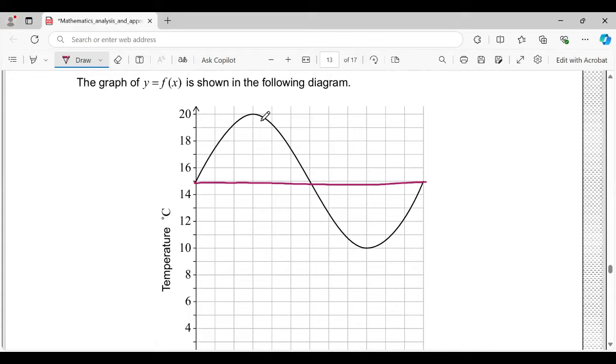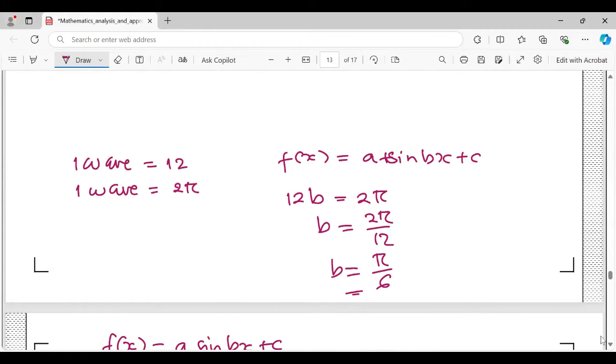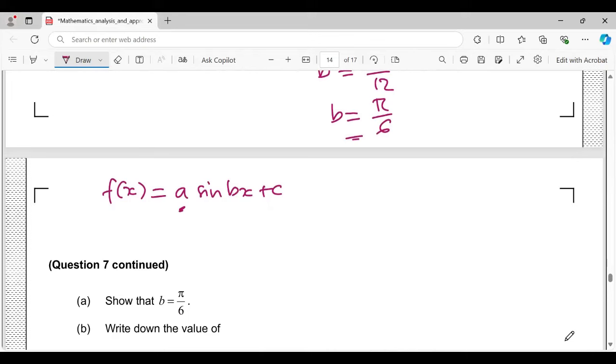This is a, from this point to the top of the wave, or from this point to the minimum point here. So there is 1, 2, 3, 4, 5. So a equals 5.